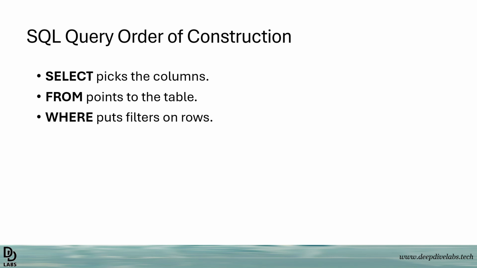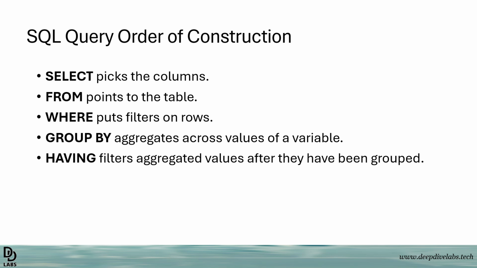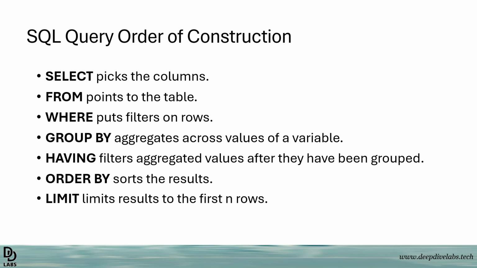Where puts filters on the rows, right? And group by helps us to aggregate across values of a variable. Having filters aggregated values after they have been grouped. Then order by sorts the results, and finally limit restricts results to the first n rows.